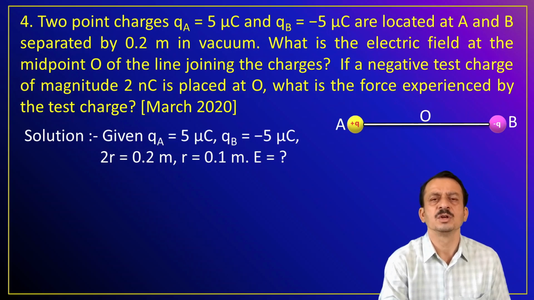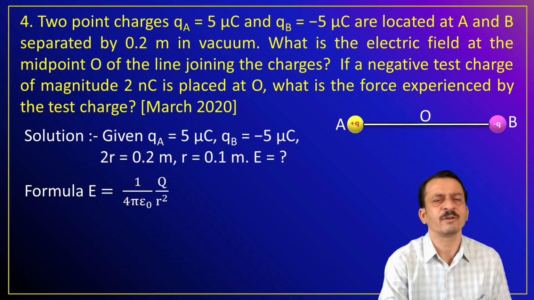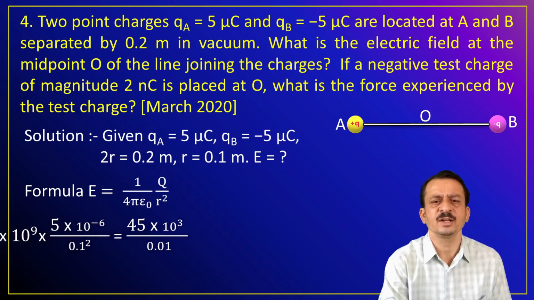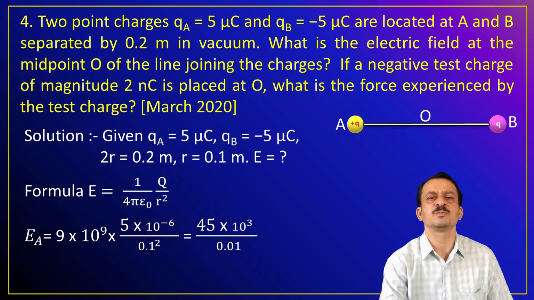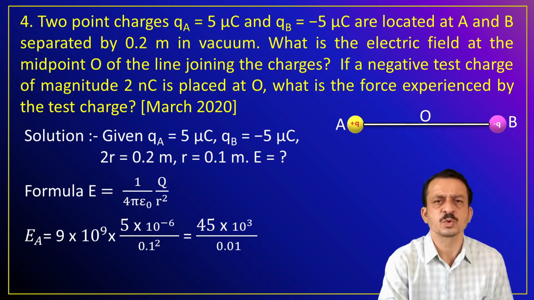That we have to work out. Now we know the expression for the electric field: 1 divided by 4 pi epsilon naught into Q by R square. We know the value of 1 divided by 4 pi epsilon naught is 9 into 10 to the power of 9, and the charge is 5 into 10 to the power of minus 6 divided by 0.1 square.